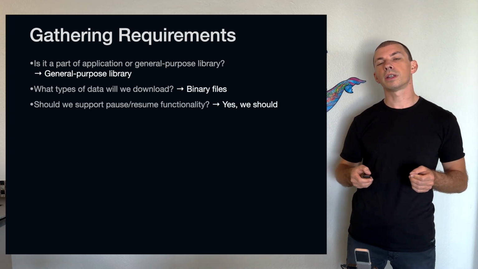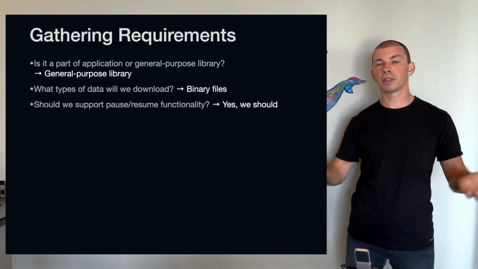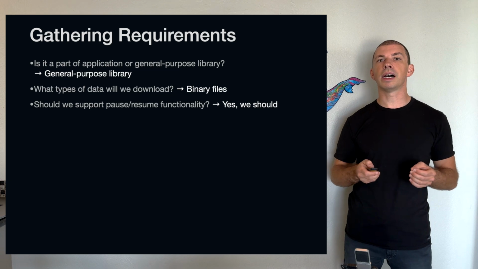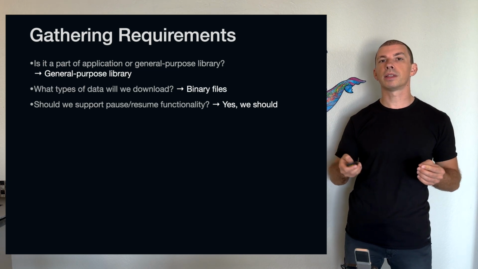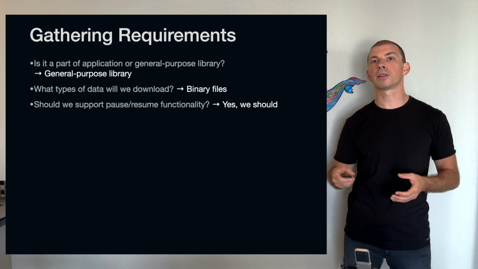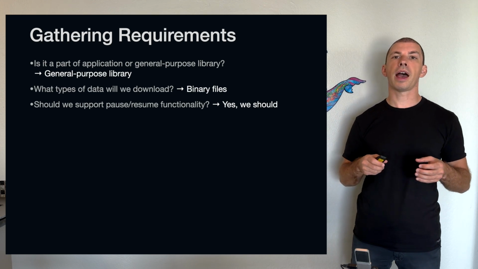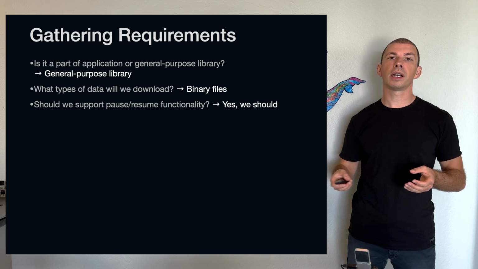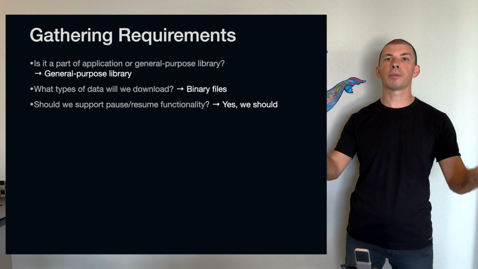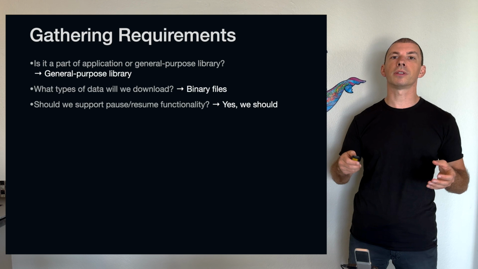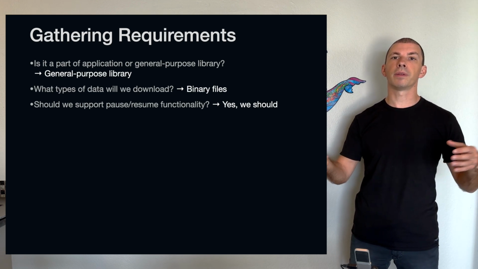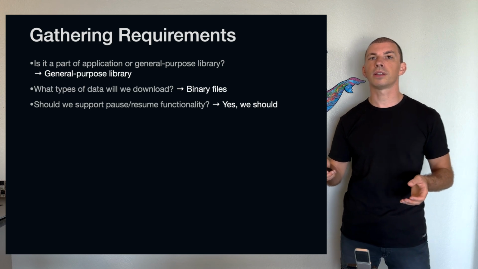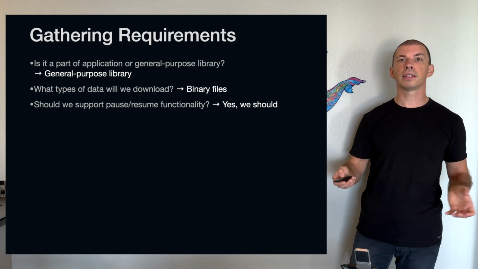Should we support pause, resume, and cancel functionality? Yeah, we can support it, but if we implement it, it will increase the scope of the task significantly. We will have to create additional things to keep track of current downloads and their status, be able to cancel, and provide feedback to the user that this download didn't just fail, it's cancelled.